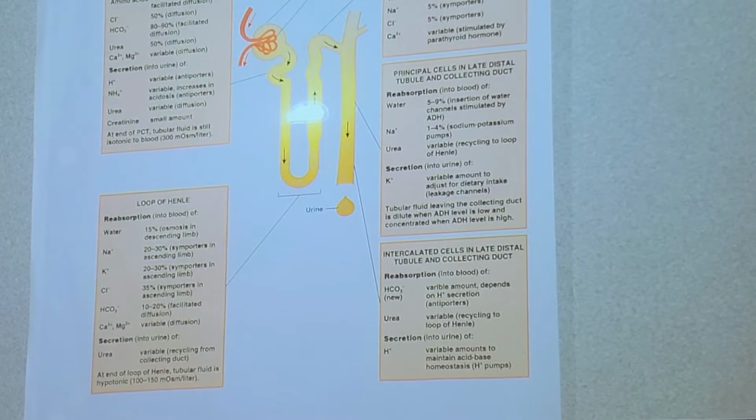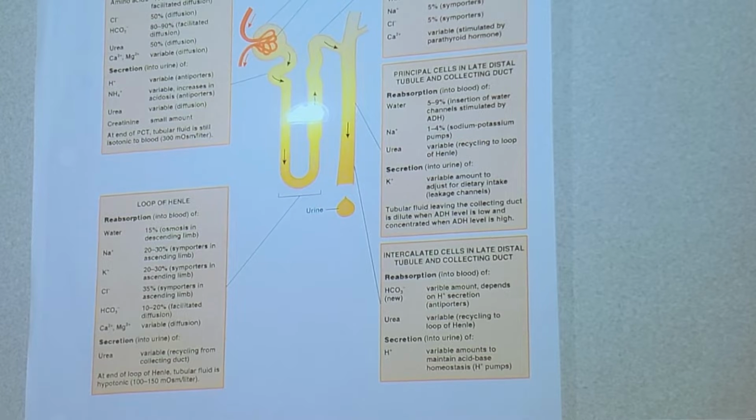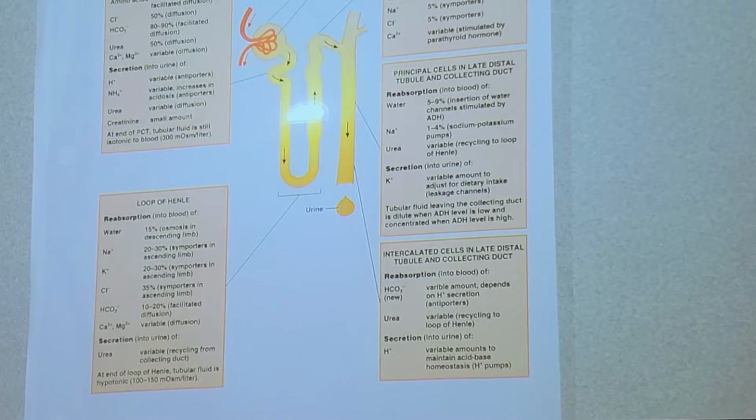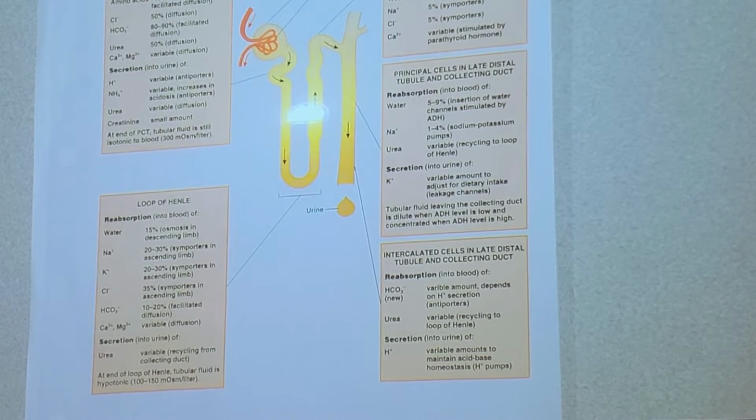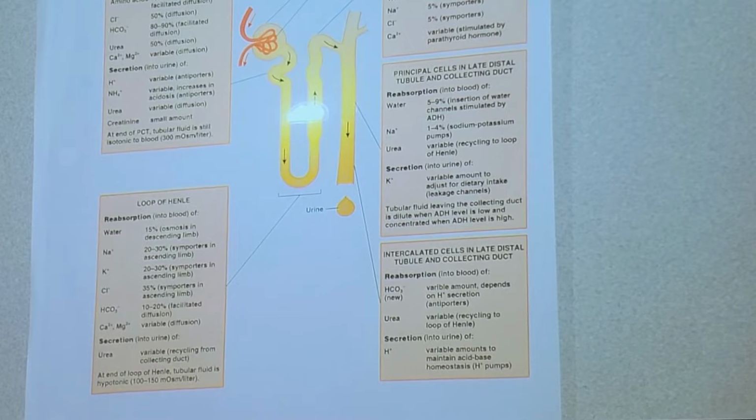But overall, water is reabsorbed 65% in the proximal convoluted tubule, 15% in the loop of Henle, about 10 to 15% in the distal convoluted tubule, and about 5 to 10% in the collecting duct due to anti-diuretic hormone.